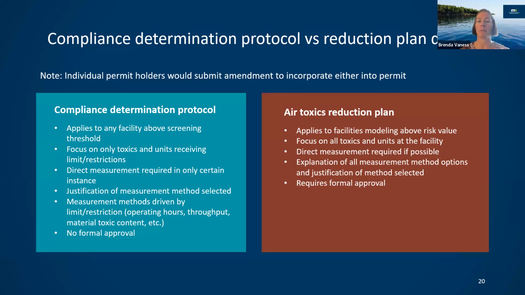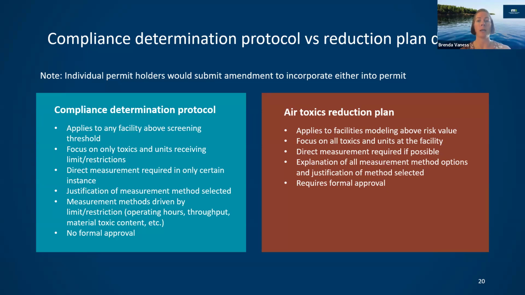On the right side, we have the bullets for the air toxics reduction plan. Again, this would just be for facilities that are required to model, and their modeling results show that they're above risk values. The plan would require all air toxics and units at the facility to be included in the plan, regardless of whether they're above or below the risk values.